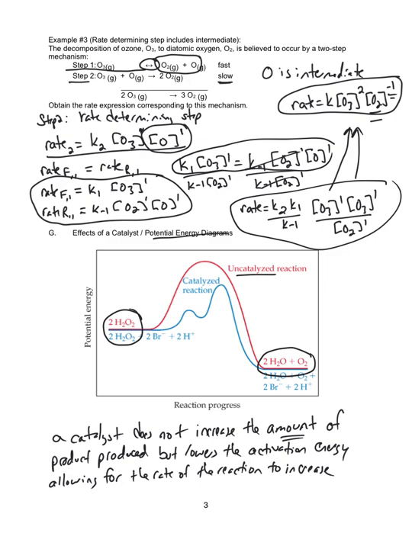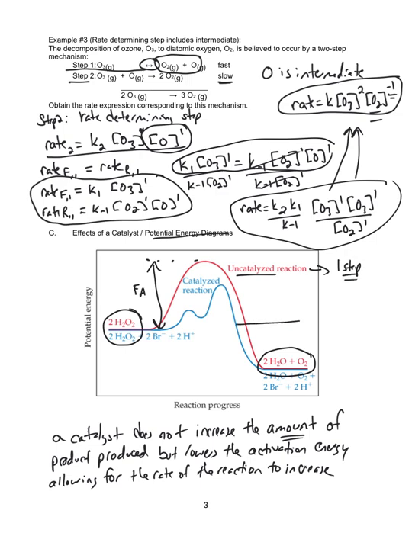The difference will be the height of the activation energy. Again, the activation energy is from the reactant or the end of the last step to the next step. It's going up to the peak of the hump. This is the activation energy. Okay? So what a catalyst does is it causes a different pathway. We can see here that in the red uncatalyzed reaction, it is a one-step. It is an elementary process.